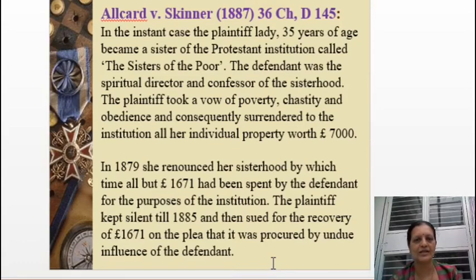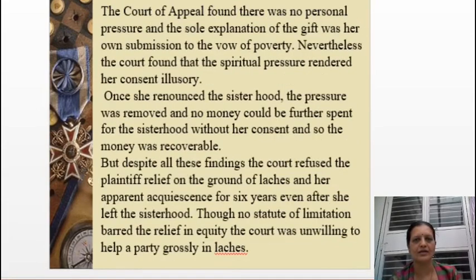The plaintiff kept silent till 1885 and then sued for recovery of 1671 pounds on the plea that it was procured by undue influence of the defendant. The Court of Appeal found there was no personal pressure and the sole explanation of the gift was her own submission to the oath of poverty.